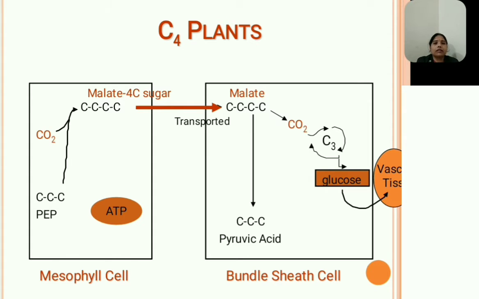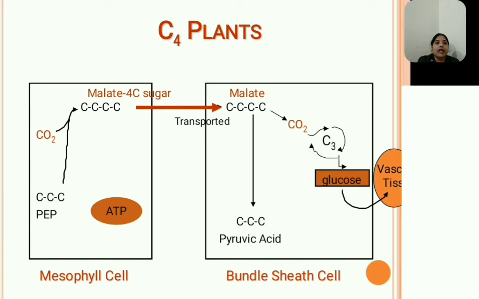So here the C4 cycle, or trans anatomy, means the C4 pathway in the mesophyll cell. This diagram number 1 shows the mesophyll cell, and the C3 pathway is in the bundle sheath cell, where diagram number 2 shows the bundle sheath cell.